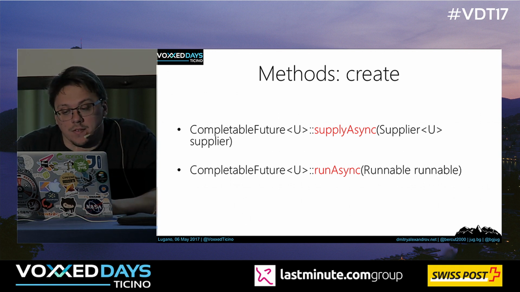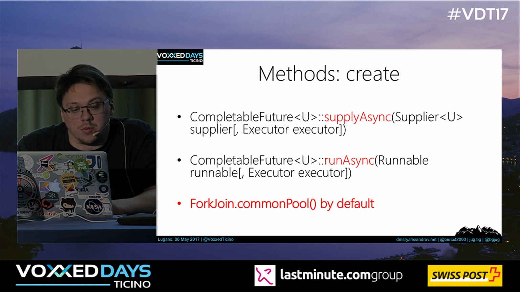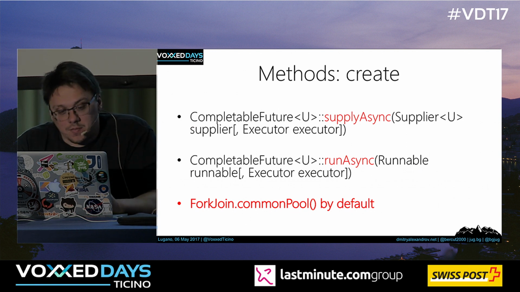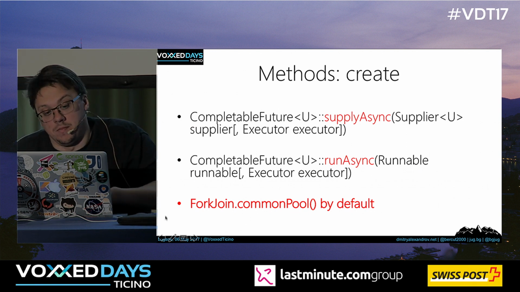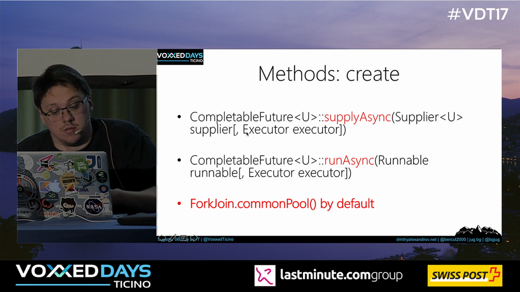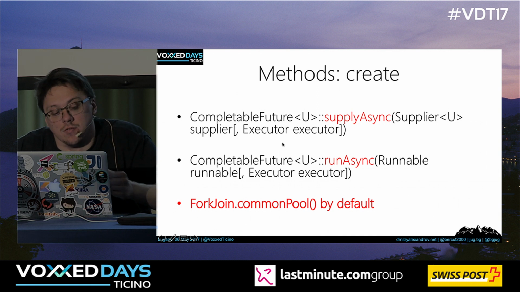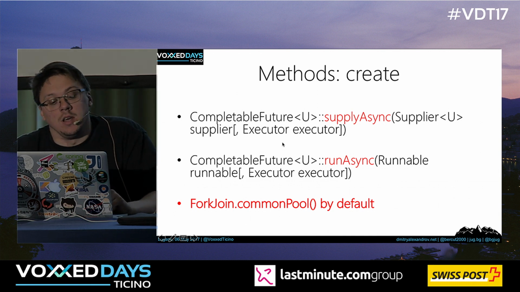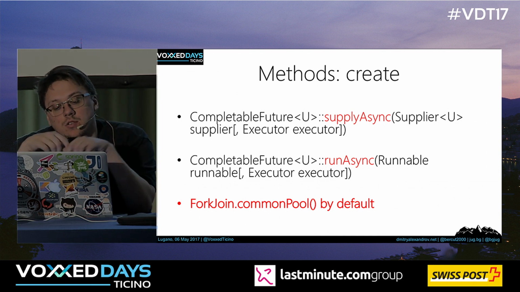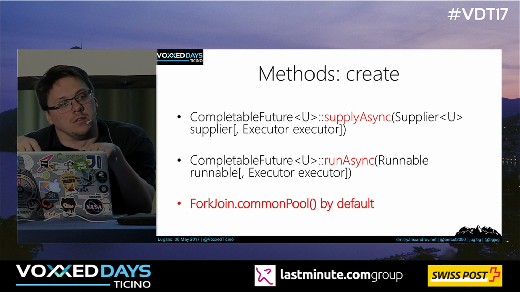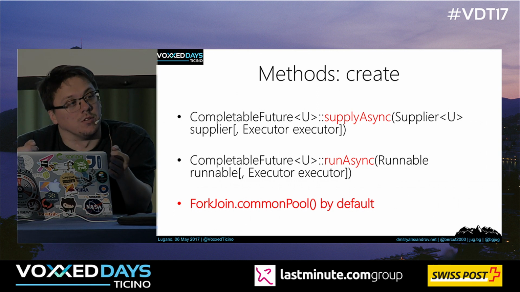And if you see, there is another option here. You can pass in an executor, which makes it very powerful. You can use just a supplier, or even have your own executor and use it. But by default, the ForkJoin common pool is used. I want to say again that ForkJoin is cool. If you start a JVM, you have this resource available.